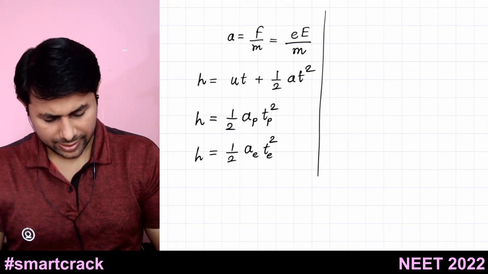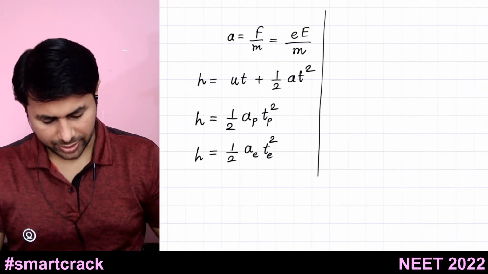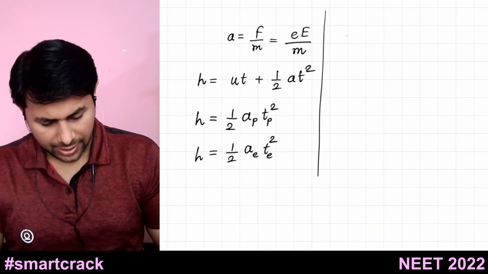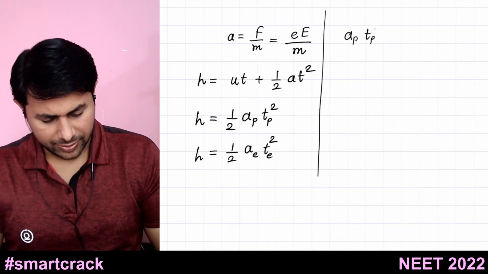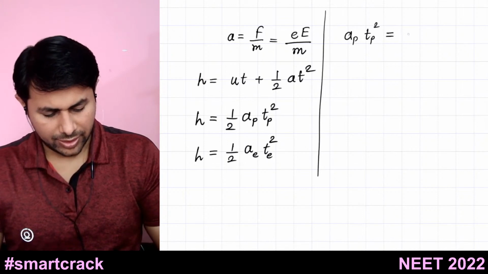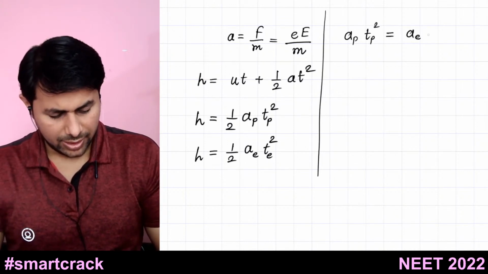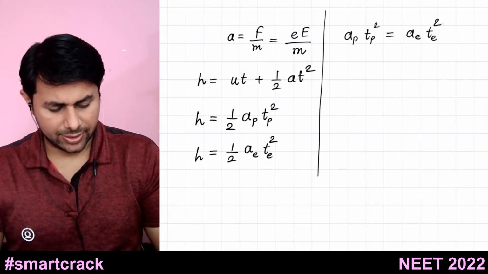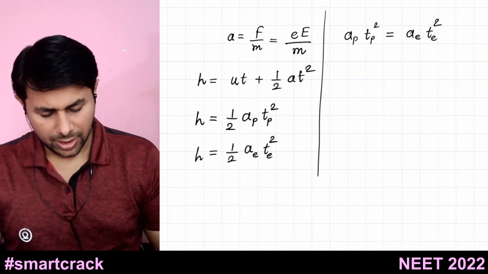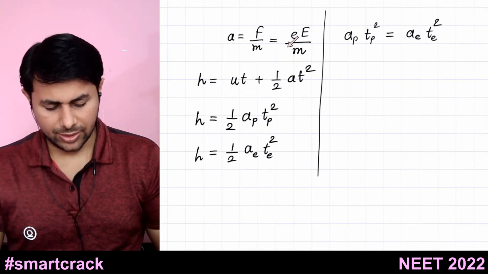So I can say ap into tp square is equal to acceleration of electron multiplied by time for electron square. And now we substitute the acceleration.